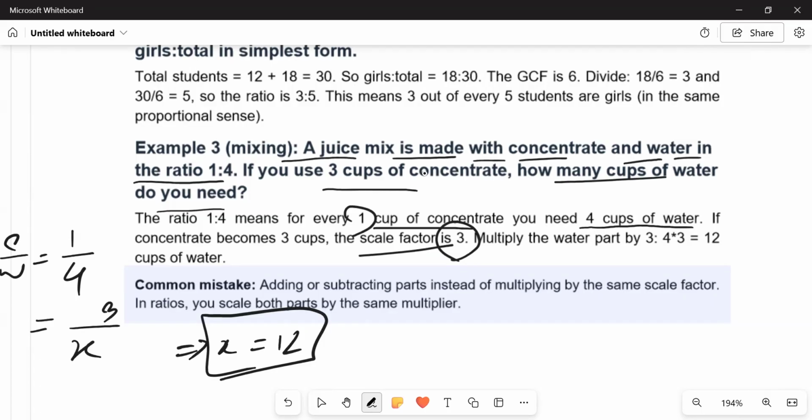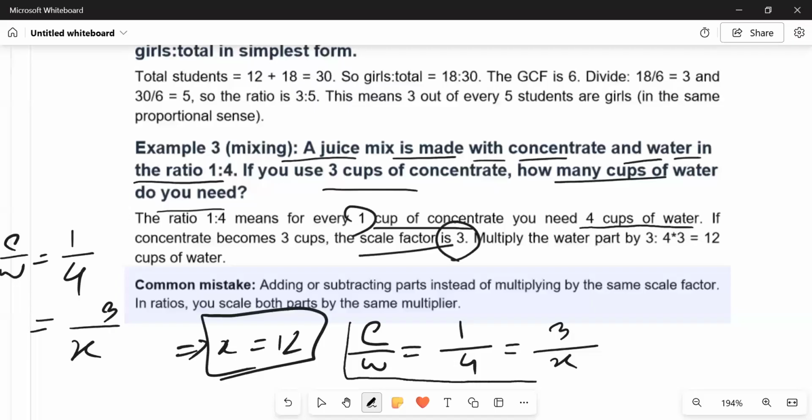Now, my question is, the thing that I just did now, C over W, which is concrete over water, then 1/4 is equal to 3 over x. What is this called? Can anyone tell me? You can just unmute and tell me.